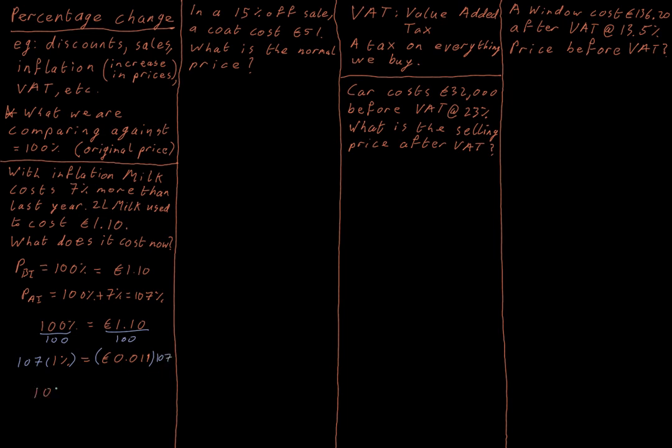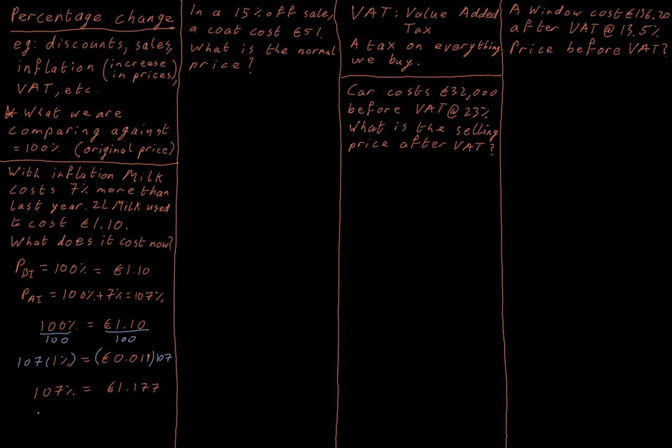So 107%, which is our price after inflation, ends up being €1.177. And because we don't have 177 cents to deal with, we are going to round to 2 decimal places.